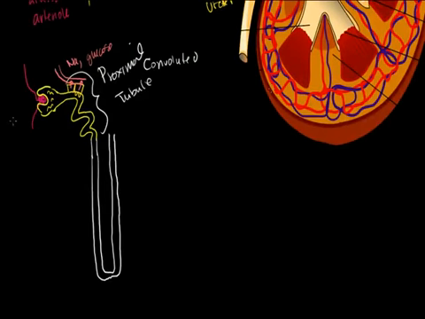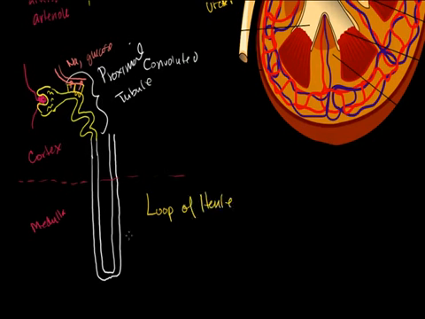And I'm going to draw it here. So let's say this is the dividing line. This is the dividing line right here. This right here was the cortex. This right here is the medulla. So the whole point, well, there's 2 points of the loop of Henle. One point is to make the medulla salty.